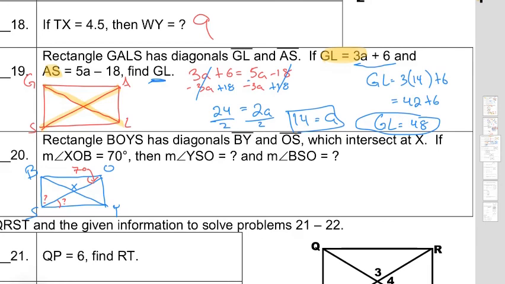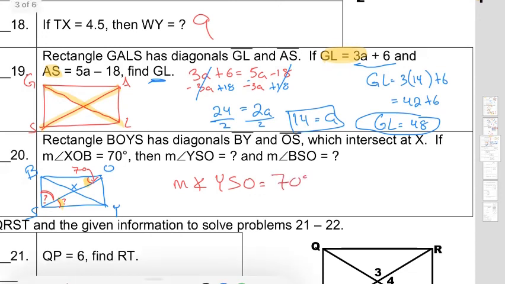BSO, this angle there. So one thing to remember is, properties of a parallelogram still apply because a rectangle can be classified as a parallelogram, which tells us that these two angles are going to be alternate interior. And so here the measurement of angle YSO is also going to be 70 degrees.